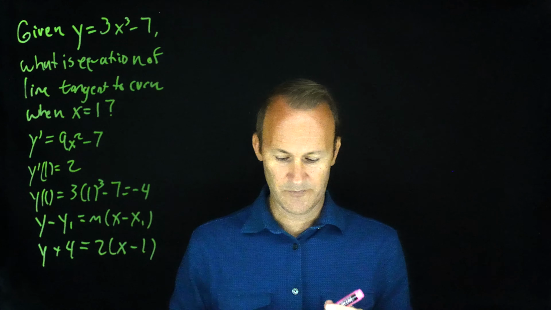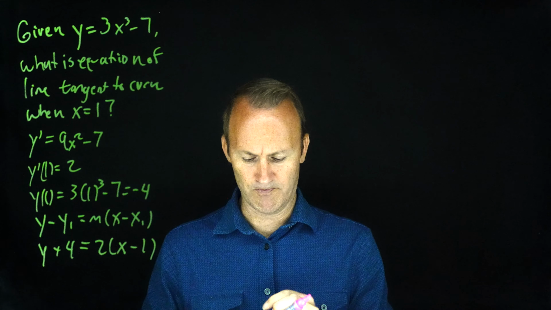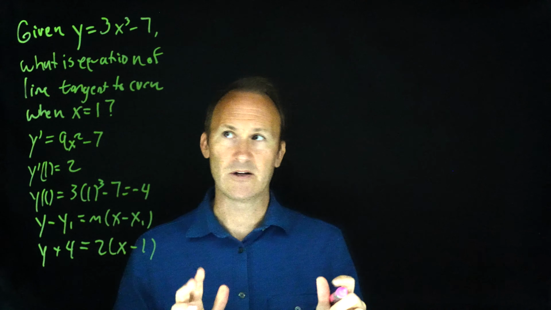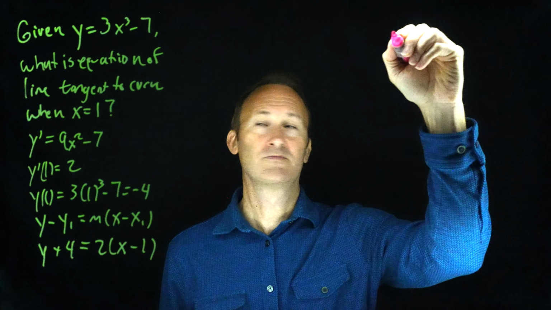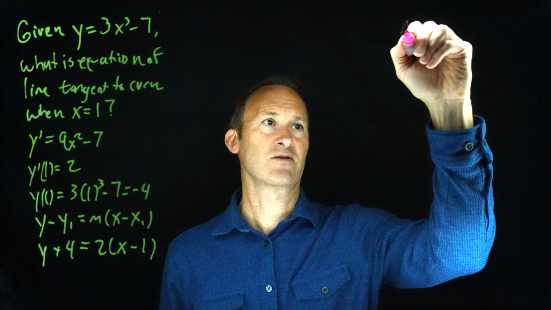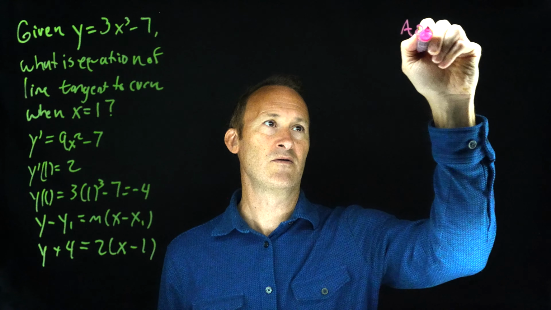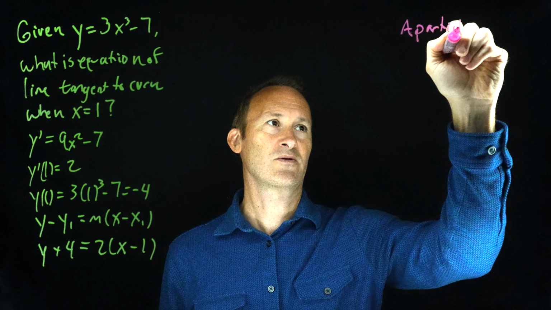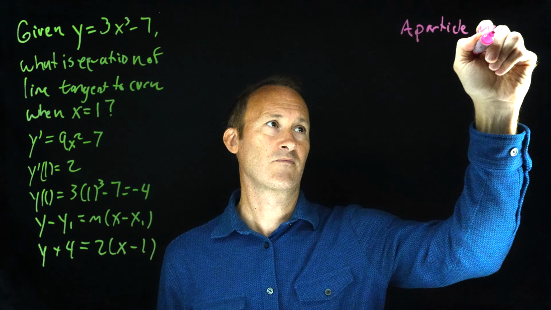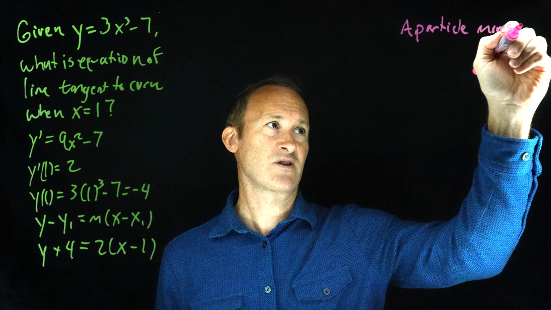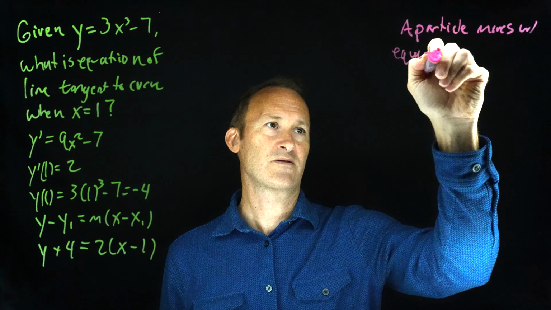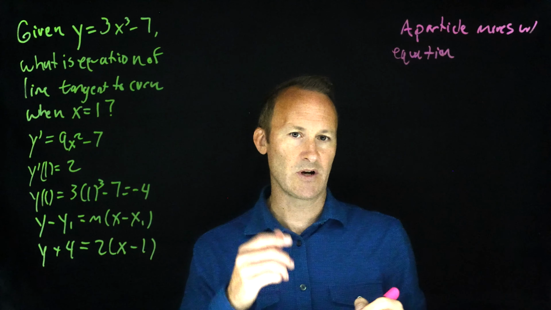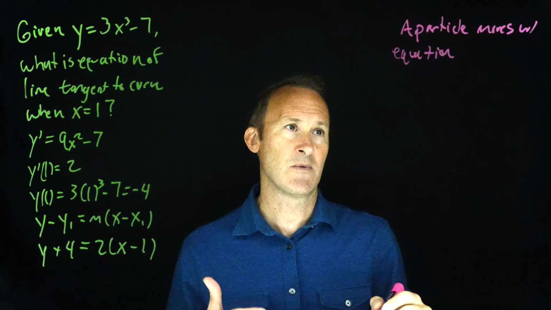Okay, next. Let's consider the following. Let's say a particle moves through time. So we'll just say with equation, it's got some equation that's showing how its distance is changing over time.